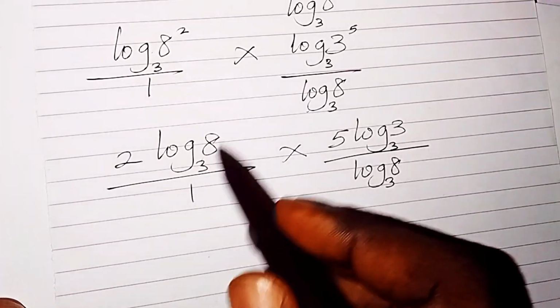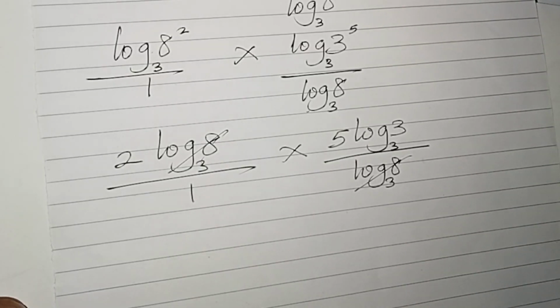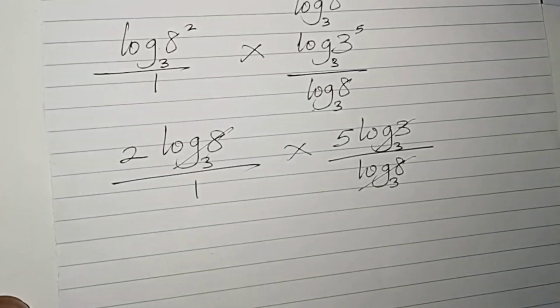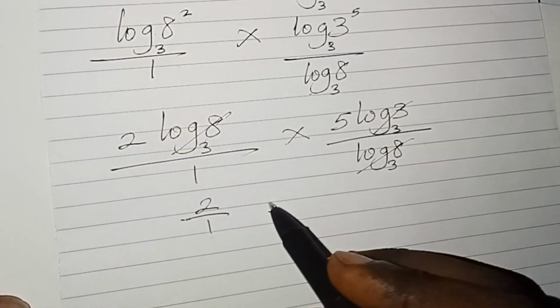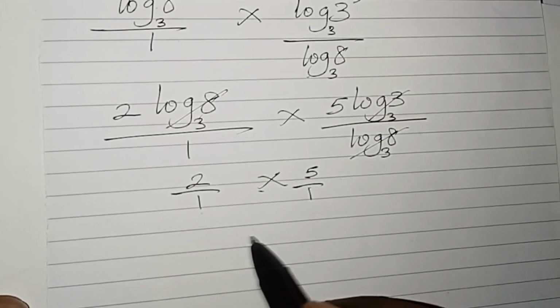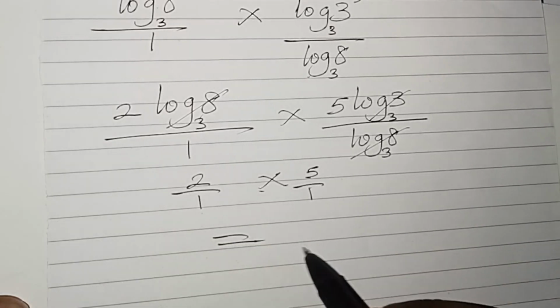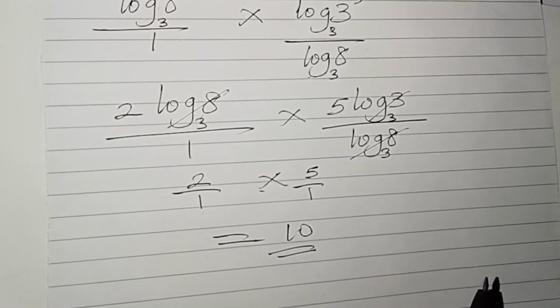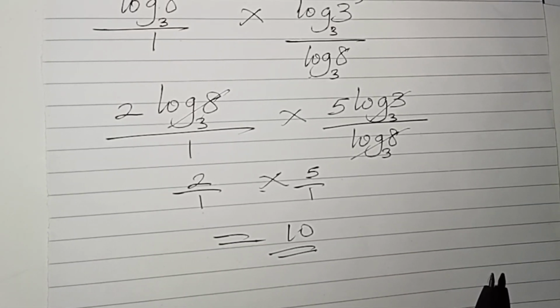And then we can cut out log 8 base 3, and don't forget log 3 base 3 is 1, and therefore what we have is 2 over 1 multiplied by 5 over 1, and of course what we just have is 2 times 5, and that's going to be 10. So that is the answer to such a question when we have to solve that kind of question.